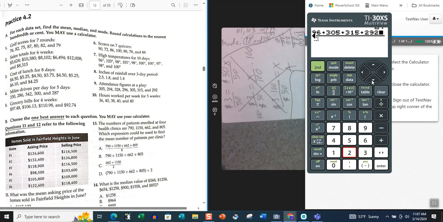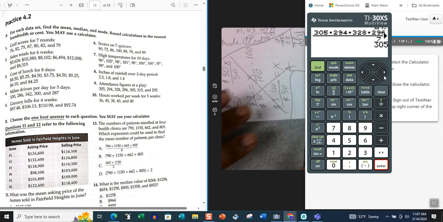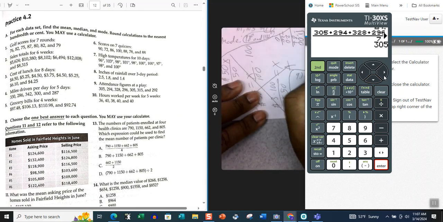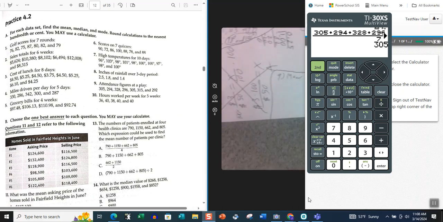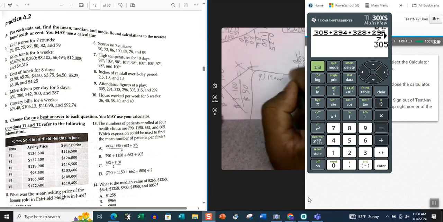Now remember, we already established that it was 7 numbers. So we can press enter, and it gives us 305. So number 9, the mean is, okay, so our mean is 305.